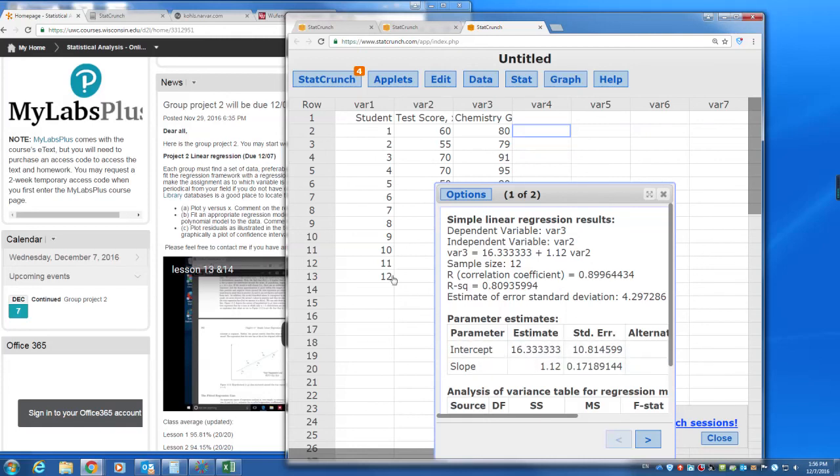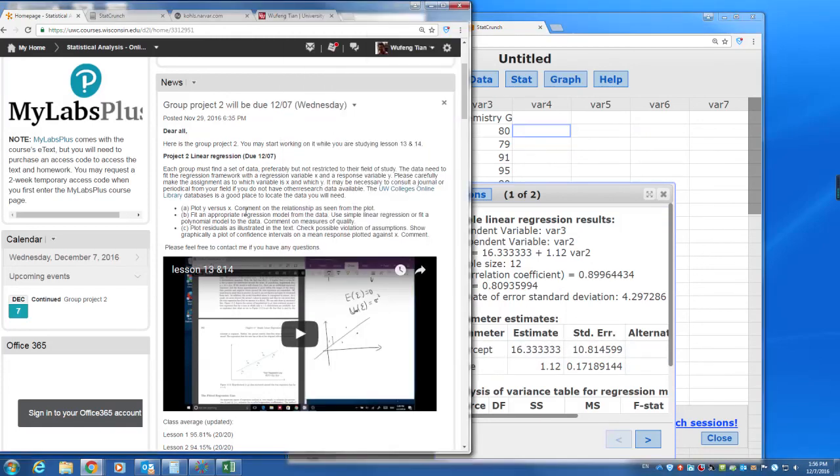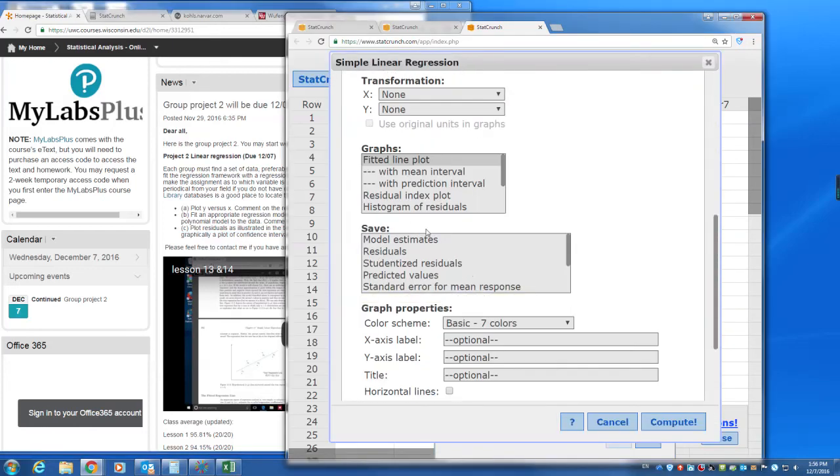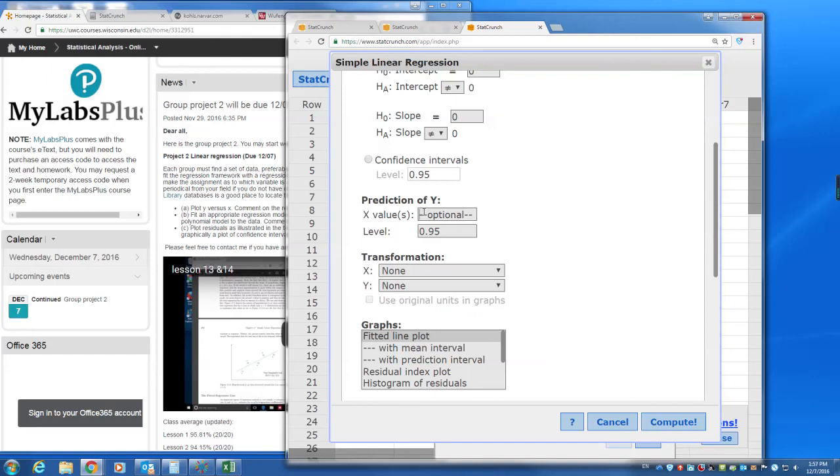Now for the next one, show a graphical plot of the confidence interval for the mean response. I need to tell you how to do this. You have to copy the prediction of y values.